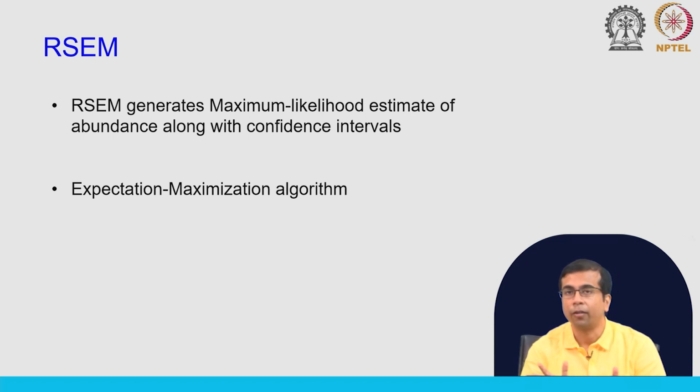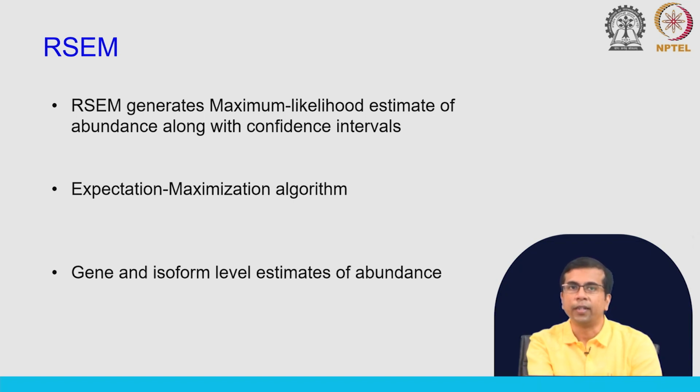Again, we are not going into the details of this, but you are encouraged to look into these algorithms if you are interested in the algorithm part. What we get from this tool is gene and isoform level estimates of abundance. This tool can give us an estimate of isoform abundance because it utilizes maximum likelihood estimates using the expectation maximization algorithm.